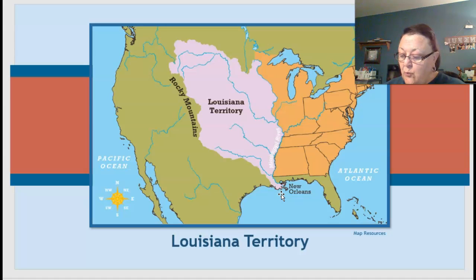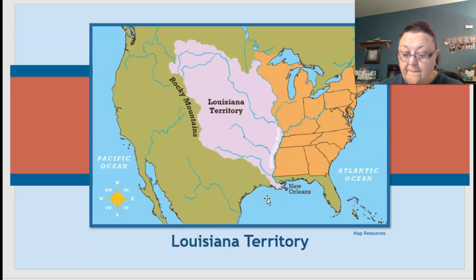So Jefferson went to Congress and he said, look, we need this area. We need this port. We need the New Orleans port if we want America to grow. So Congress gave him money and they said, okay, well, you go talk to France and see if they'll sell us the land.